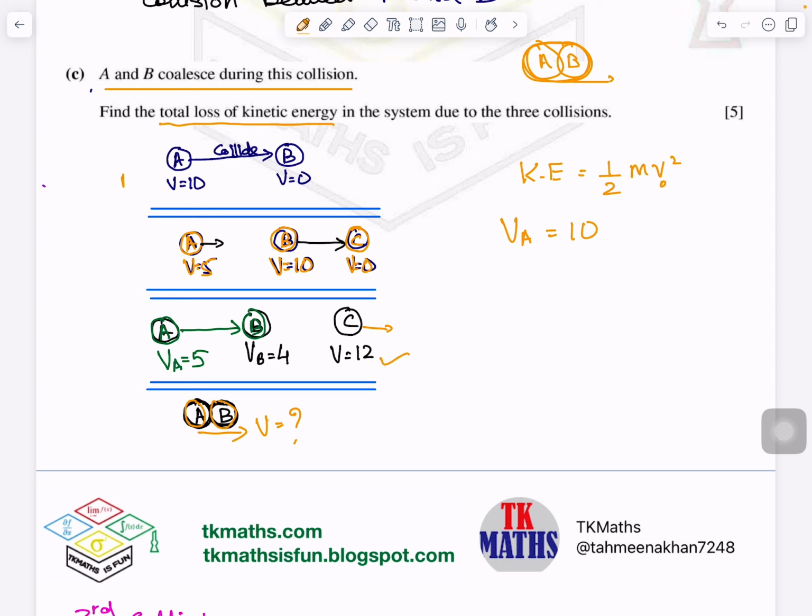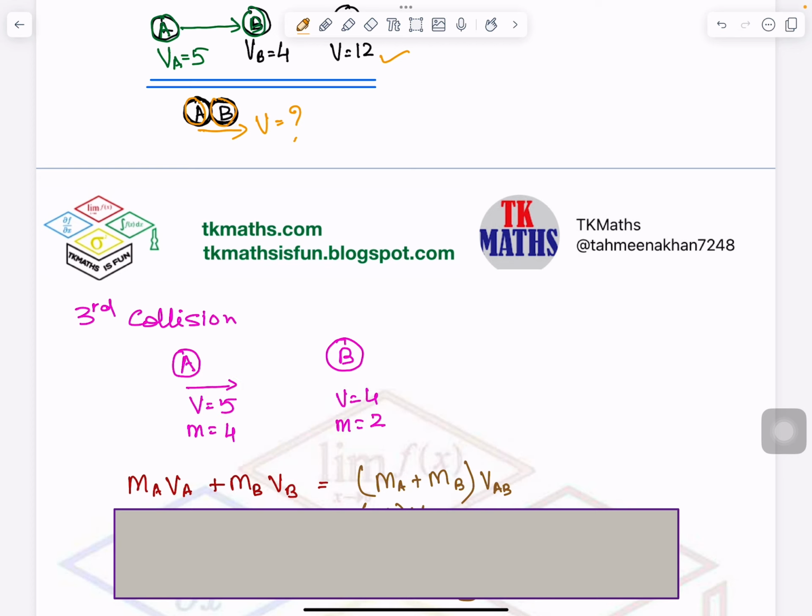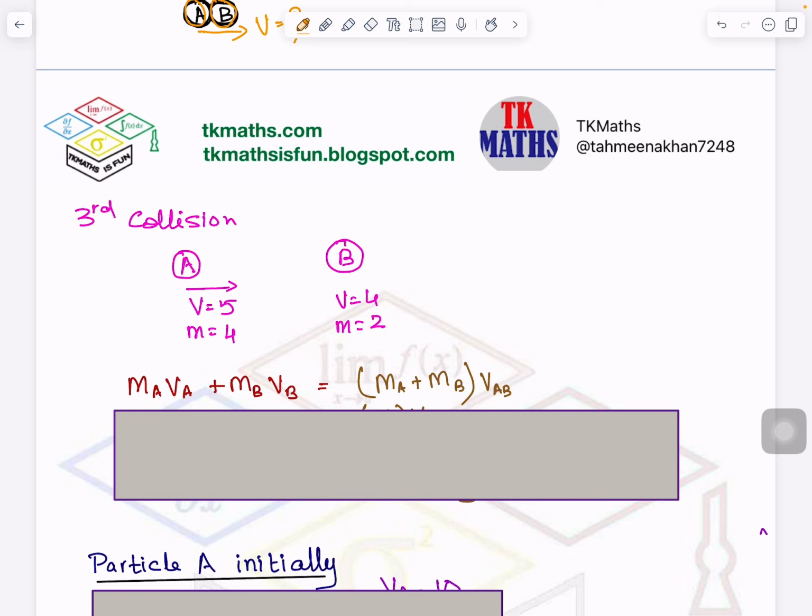Okay. So now what is the velocity of A and B together? Now see here, how will we calculate it? Yes, you are right. We will calculate it with the help of the law of conservation of momentum. So before collision and after the collision for A and B, I'm going to substitute the values. I have put the situation here for you.